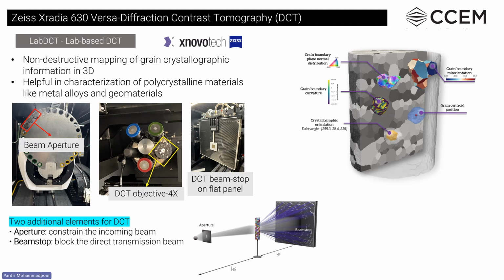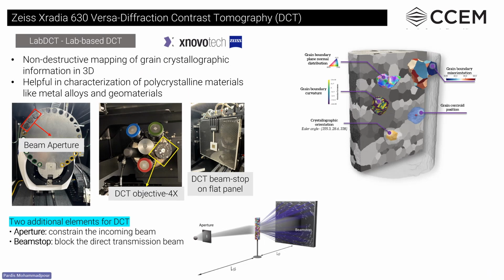The first one is beam apertures, which constrain the incoming beam. They're mounted on the filter wheel, and we can switch automatically between them. The second element is the beam stop, which blocks the direct transmission beam, and they are mounted on the DCT-4X and flat panel detectors.